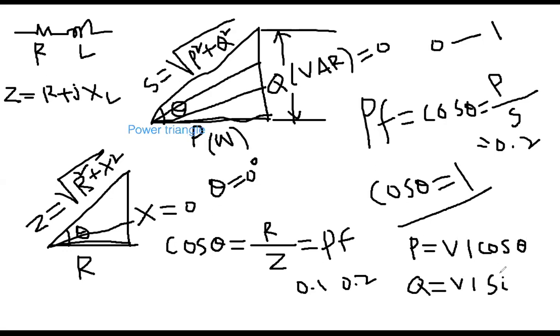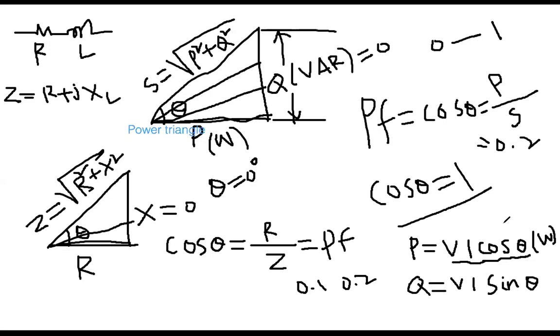So P equals VI cos theta, that is the real power or the active power, in watts. And this is in VAR. So you have the cosine theta multiplied with VI, and that cosine theta is the power factor. You will get the highest value of P only when cosine theta is 1.